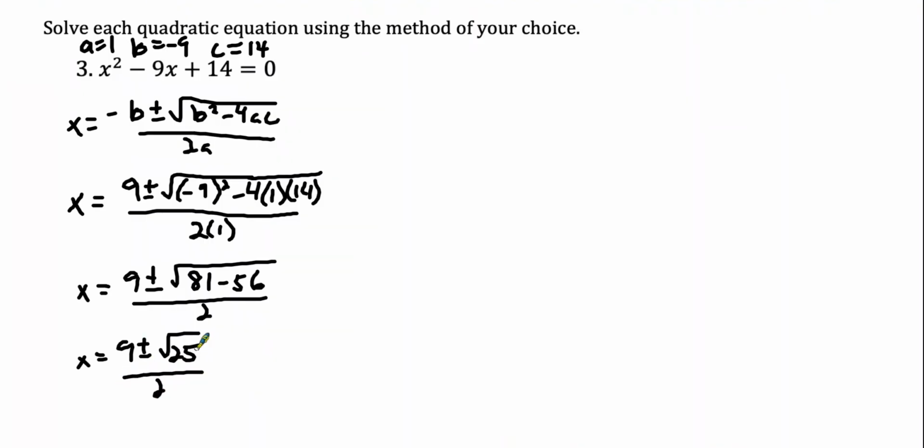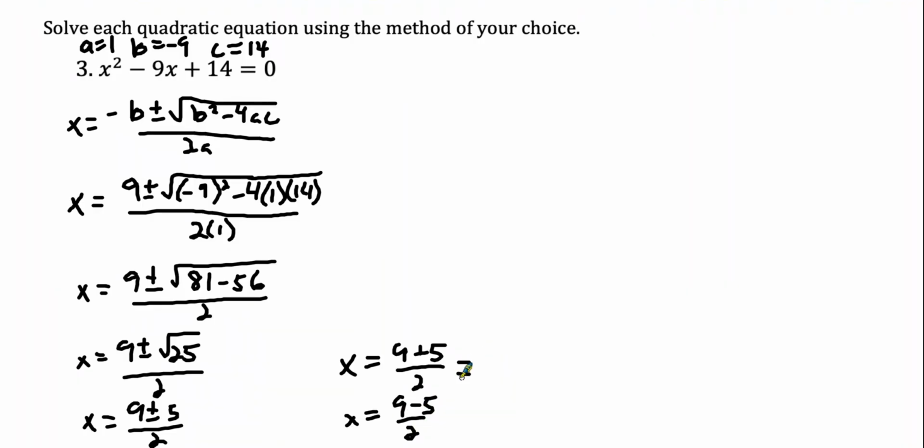And now, in this case, since 25 is a perfect square, I can simplify this to just 9 plus or minus 5 over 2. So from here, since this will work out to nice values, I want to split this up and write this as 9 plus 5 divided by 2, and then separately 9 minus 5 divided by 2, and simplify as far as I can.